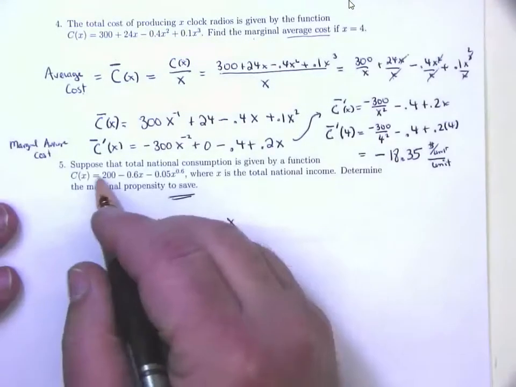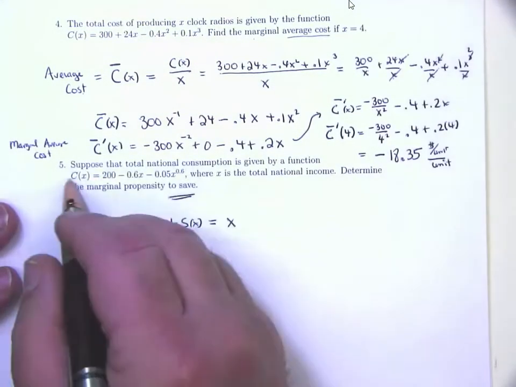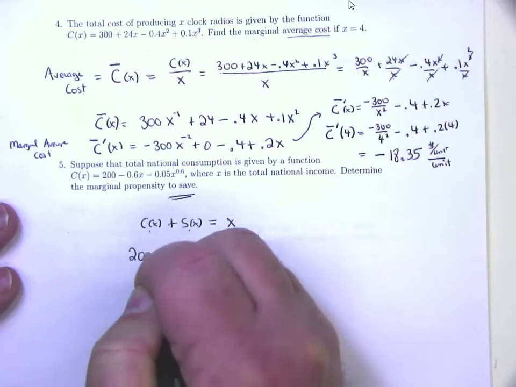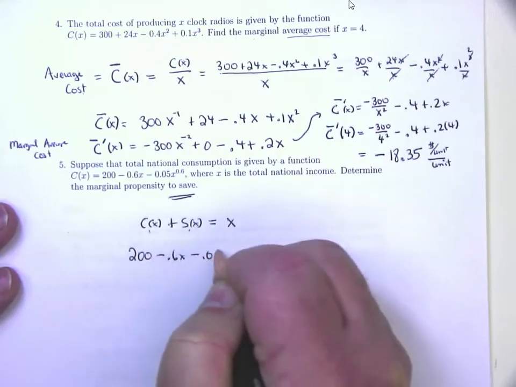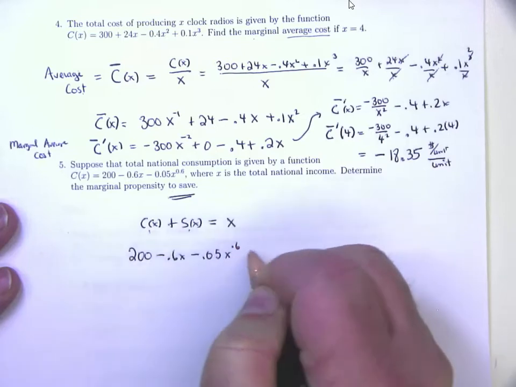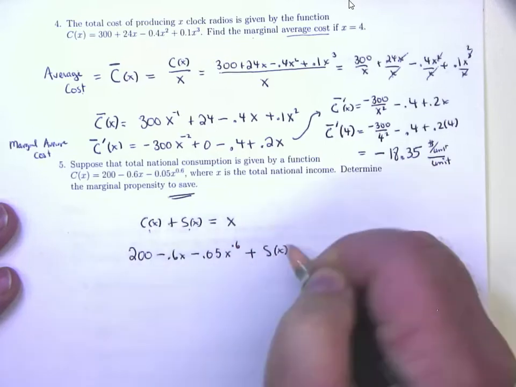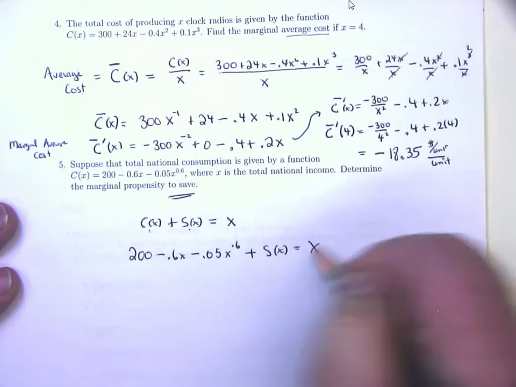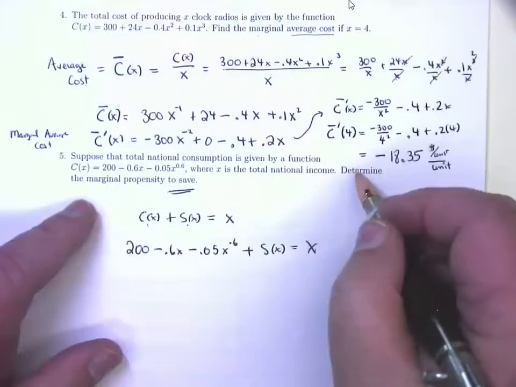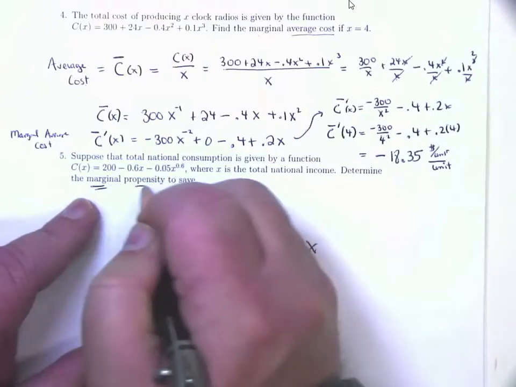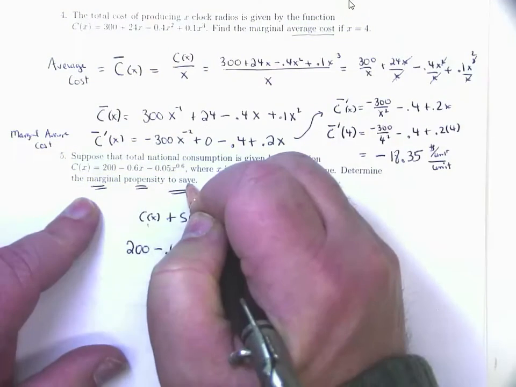Now, I know the consumption, that is 200 minus 0.6x minus 0.05x to the 0.6, plus your savings is equal to x. Now, what do they want me to find? We're supposed to find the marginal propensity to save.